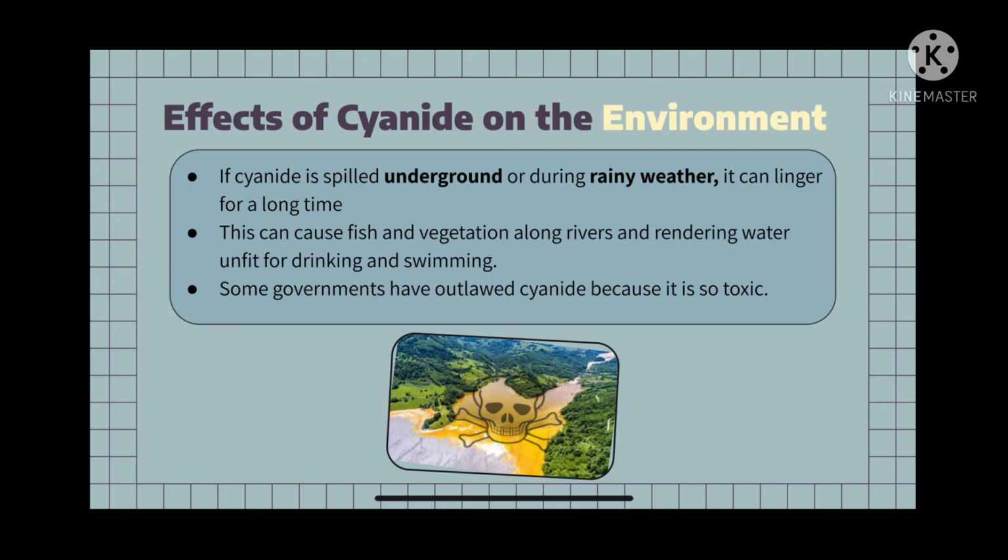Even so, it leaves behind additional dangerous compounds. If cyanide is spilled underground or the weather is gloomy or rainy, it can linger for a long time, killing fish, vegetation, along with the rivers, rendering the water unfit for drinking and swimming. Some governments have even outlawed cyanide because it is so toxic to the environment and human health.